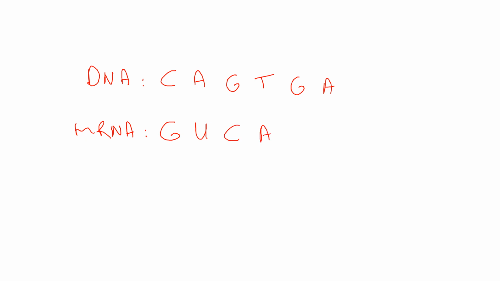So let's do an example. C, A, G, T, G, A. Okay, so what would the sequence be for the mRNA? C is going to turn to G, A to U, G to C, T to A, G to C, A to U.